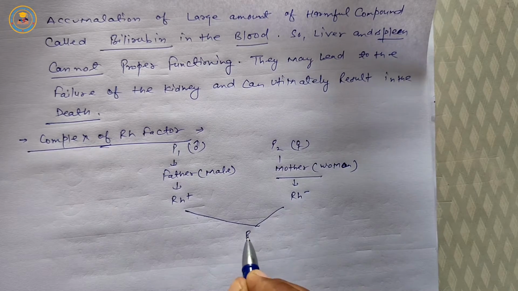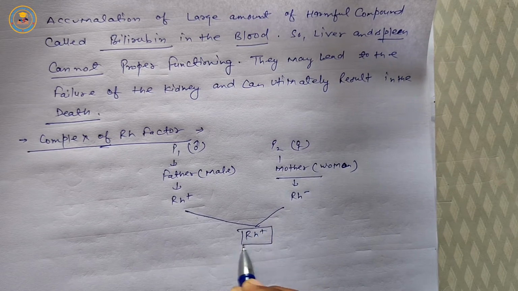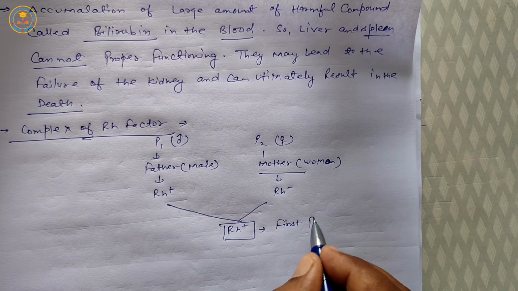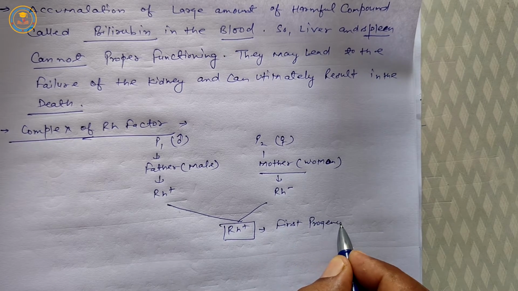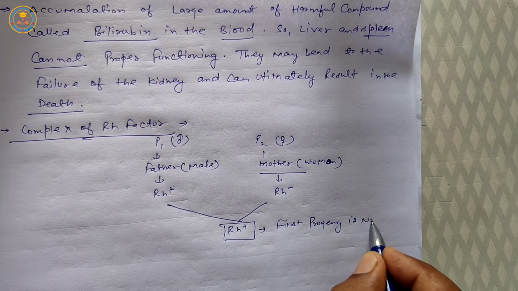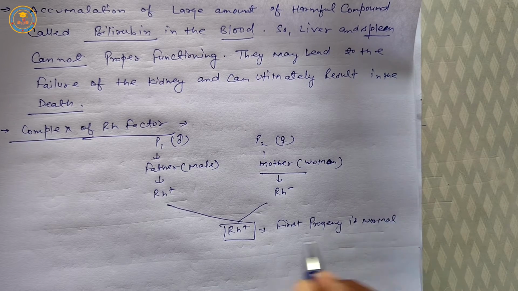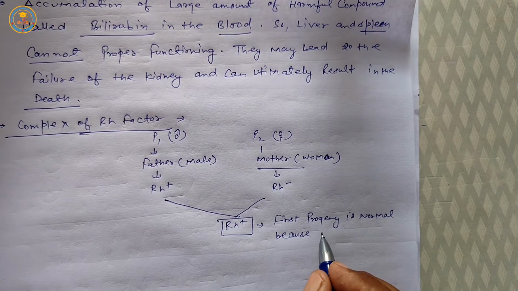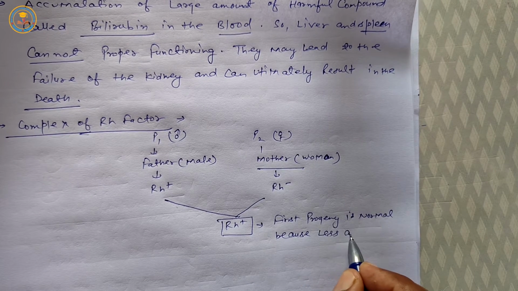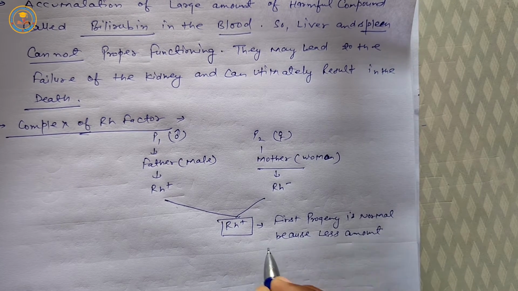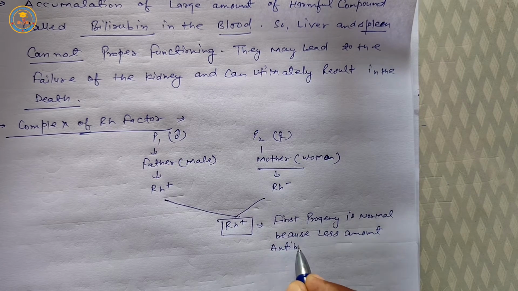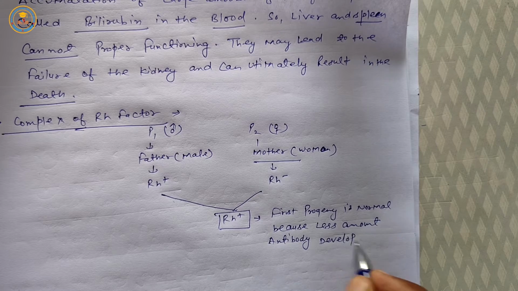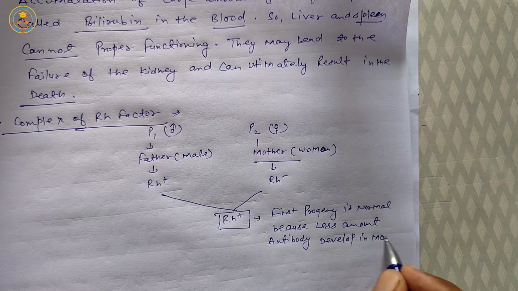If the first progeny is RH positive, the first progeny is normal because a less amount of antibody develops in the mother.